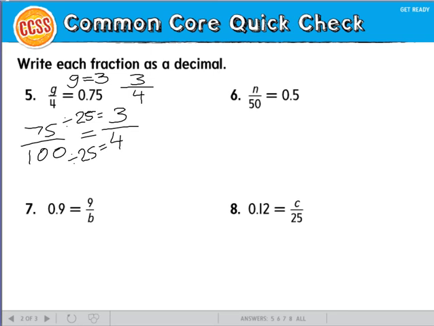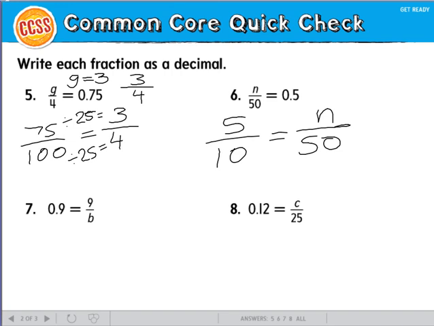Okay? We're moving to number 6. Number 6 is n over 50 equals 5 tenths. So I take 5 over 10, and that equals n over 50.